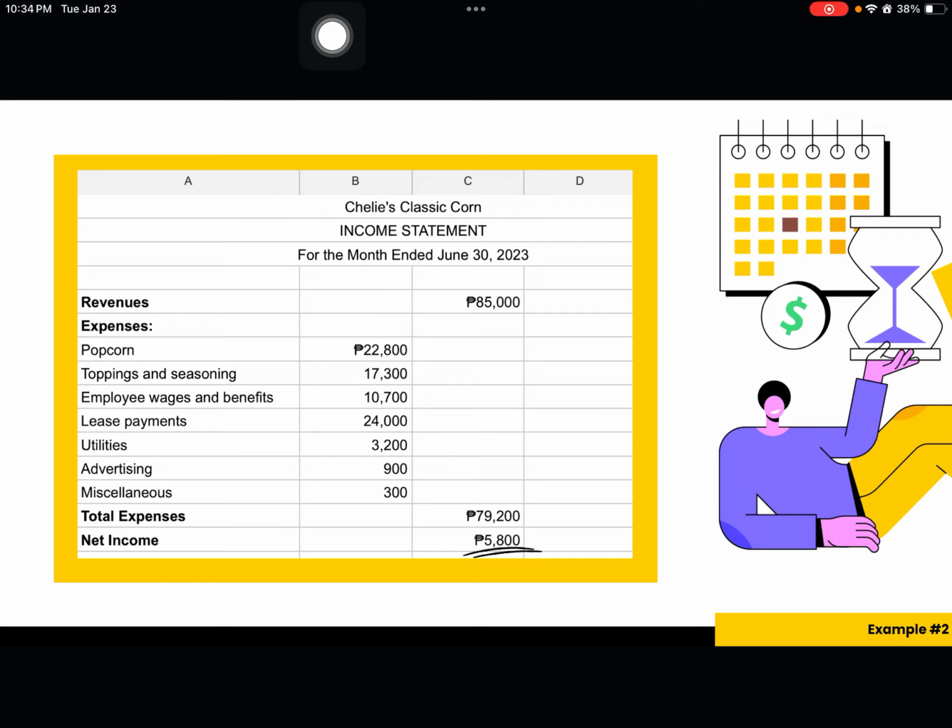The heading of the income statement includes three lines. The first line lists the business name. The middle line indicates the financial statement that is being presented. The last line indicates the time of the financial statement, which is the month ended June 30, 2023.